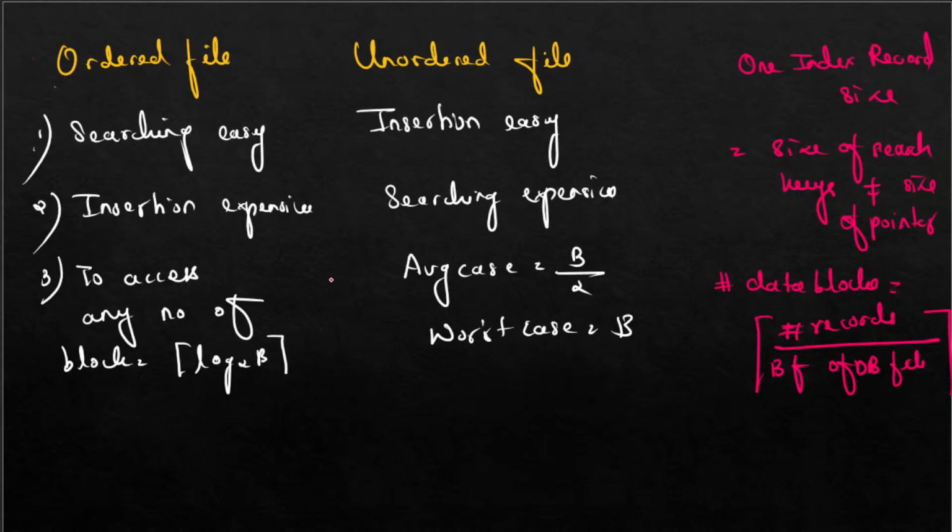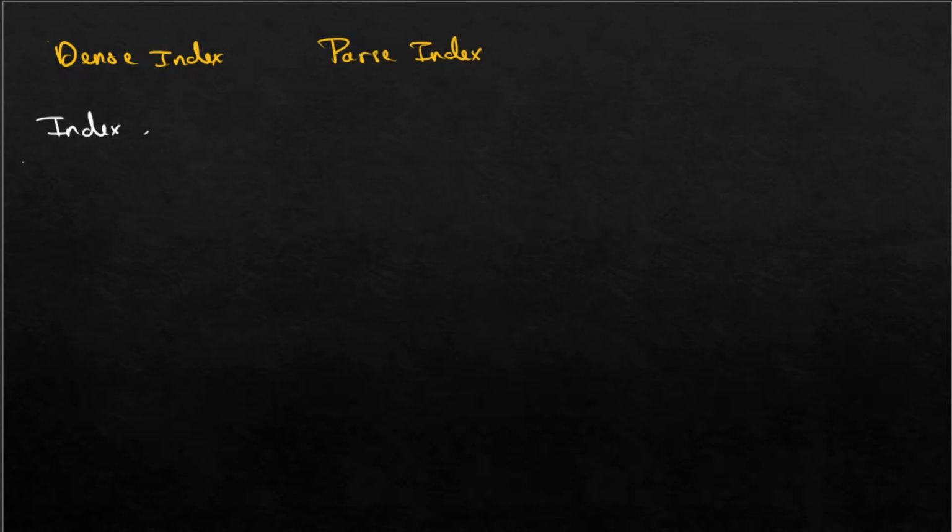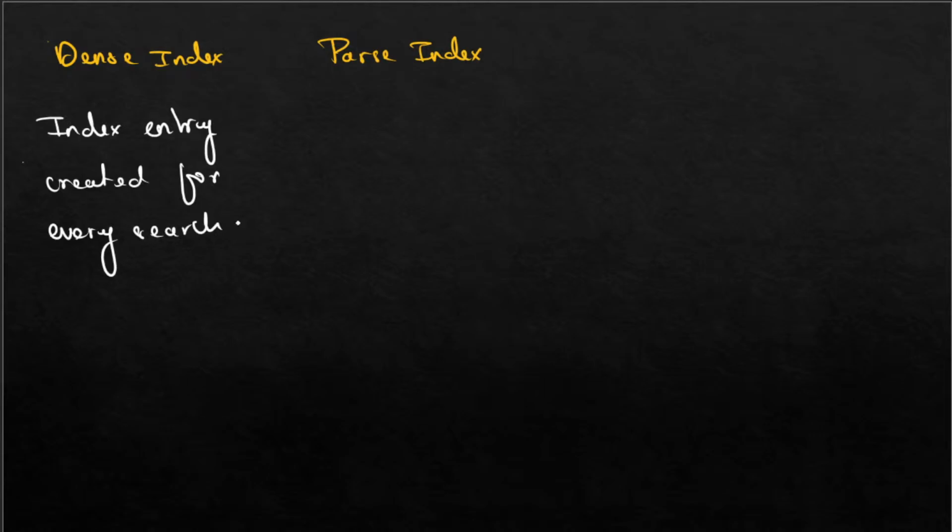Dense index and sparse index. Okay. Dense index, sparse index. So in a dense index, an entry is created for every search key value.